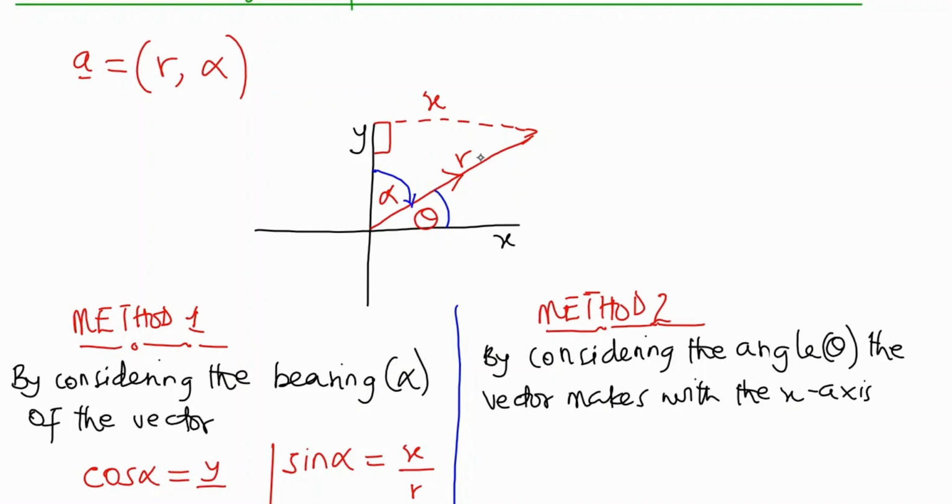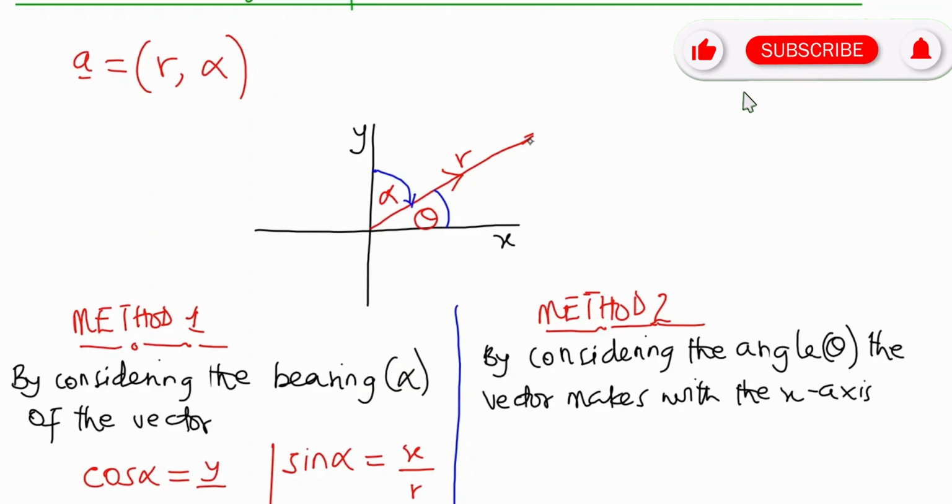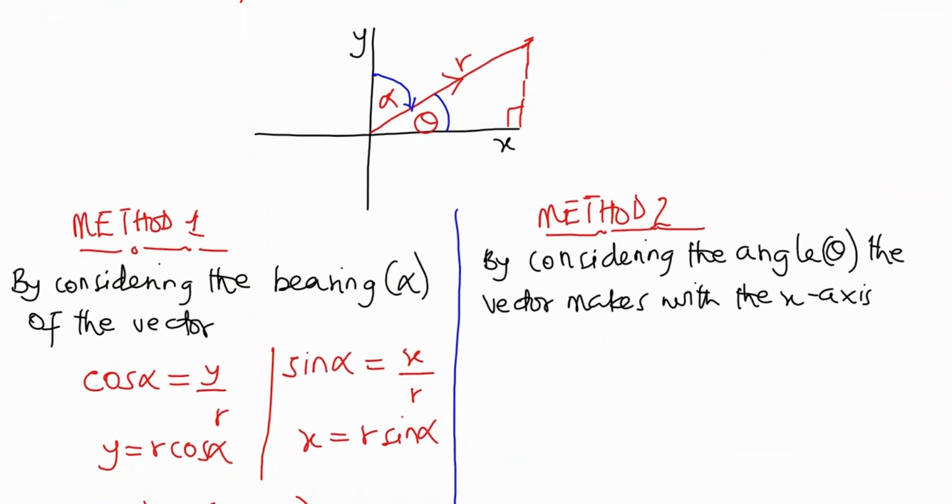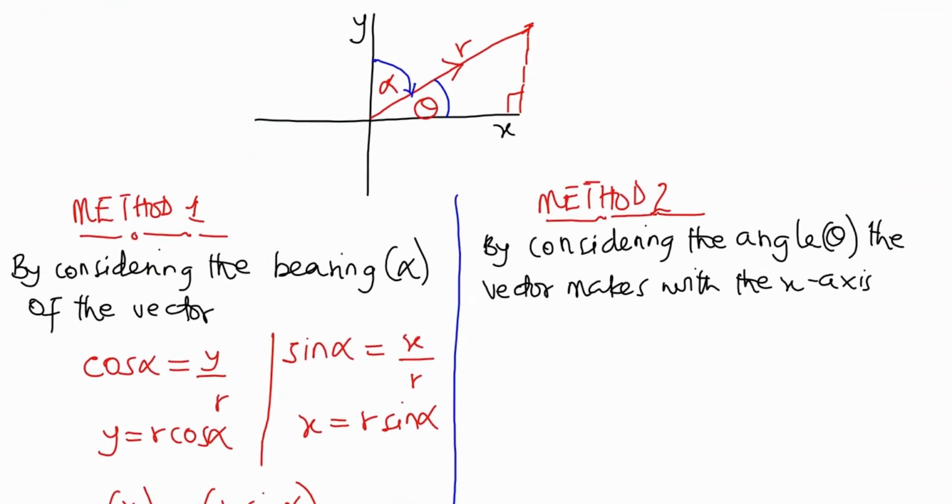So if you consider that, it means we have to clean this part of the illustration and focus on theta as well. So we are going to close the side of the vector and the x-axis, so we have a right angled triangle here. If you consider that one too, you can also apply the trig ratio, and we are going to take into consideration cos and sine.